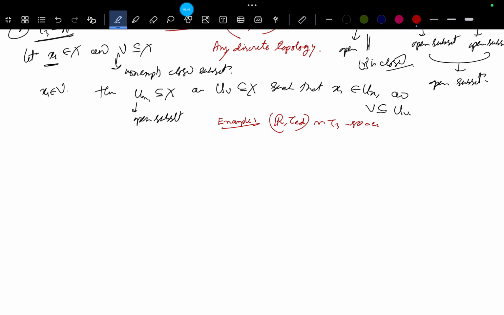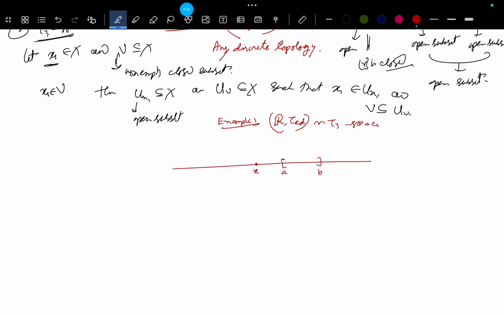It's quite easy. If we consider a small x here and any closed set, for example any closed interval [a, b], then we can take an open set.